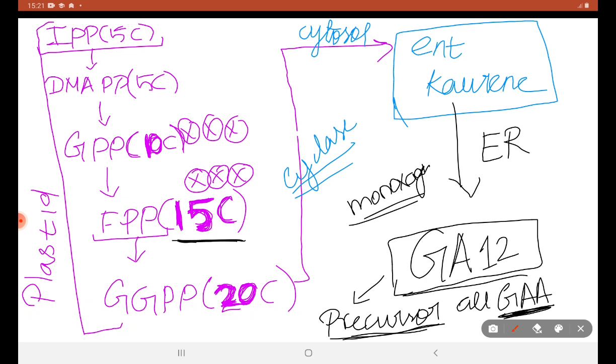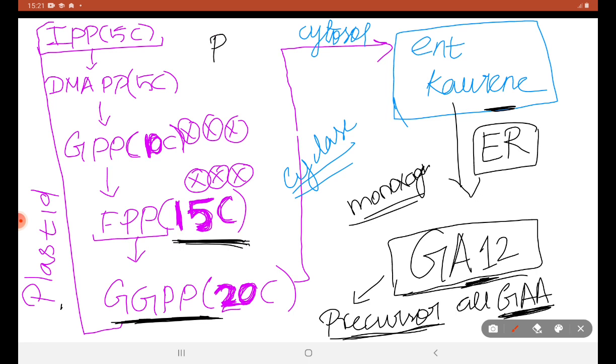If in the previous slide I mentioned that geranyl pyrophosphate is converted into ENT kynurin in plastid, please correct it. Geranyl pyrophosphate is synthesized in plastid, and it is converted into ENT kynurin in cytosol, and it is converted into GA12 in endoplasmic reticulum.